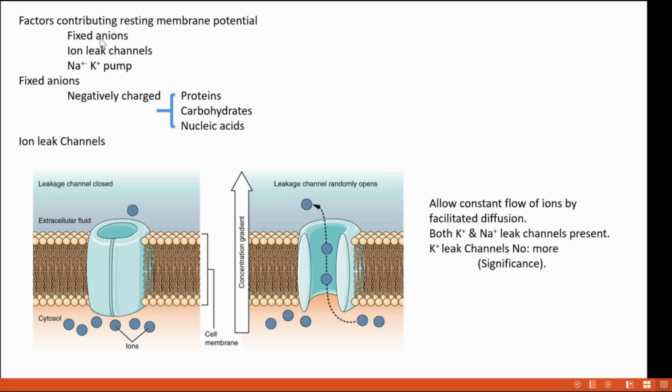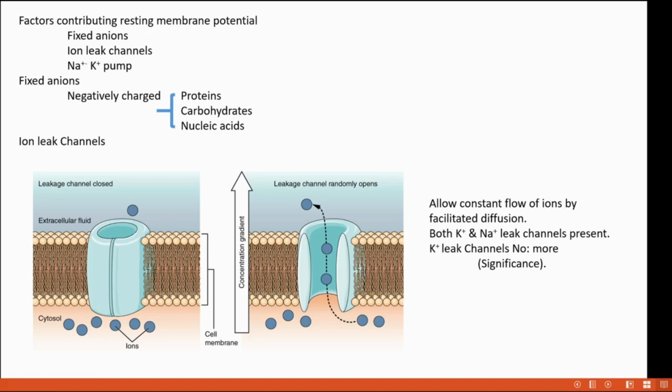Then we can go to fixed anions. What are fixed anions? Fixed anions are certain negatively charged substances. Which are the substances coming under that category? They may be proteins, carbohydrates, nucleic acids. These substances are all abundant inside the cell and their charge is what? Negative. They are anions, and because of their bigger size, they cannot diffuse out of the cell.